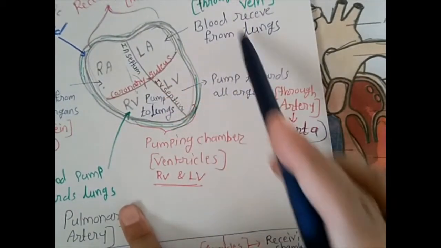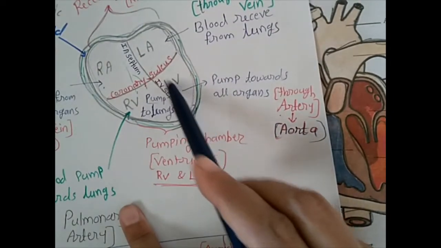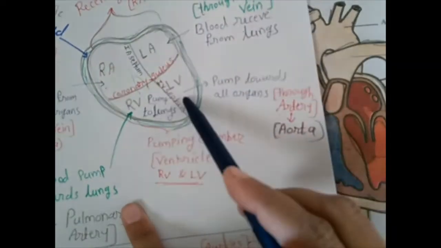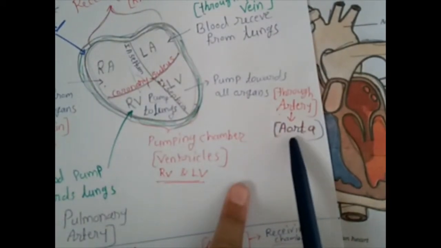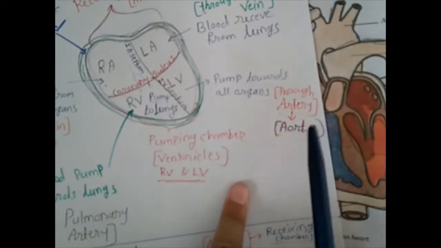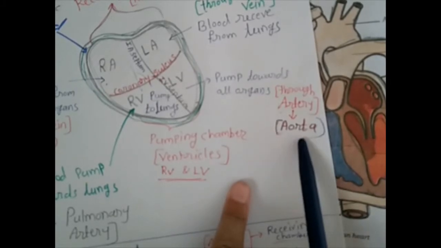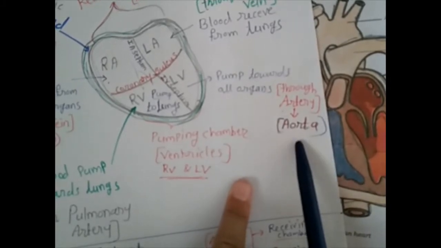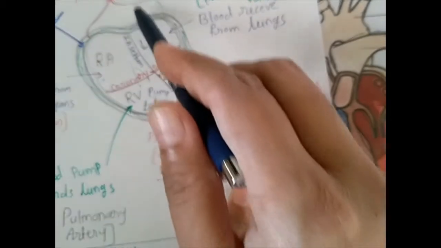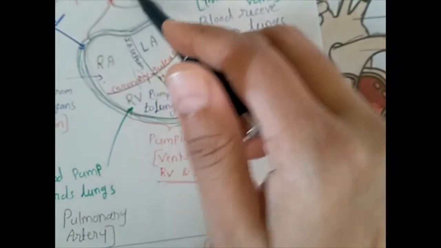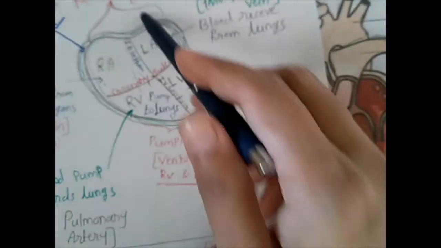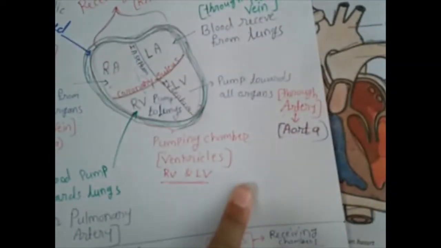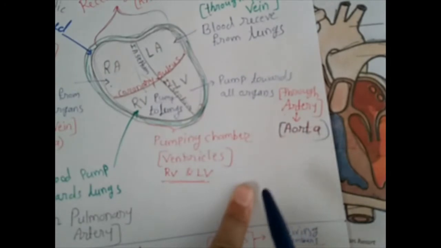So we get oxygenated blood from the left ventricle, pumped out through the aorta. Aorta is the main, major artery, and the branches of the aorta give us blood.